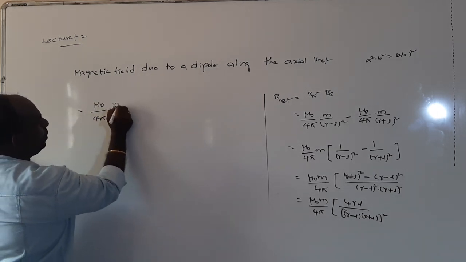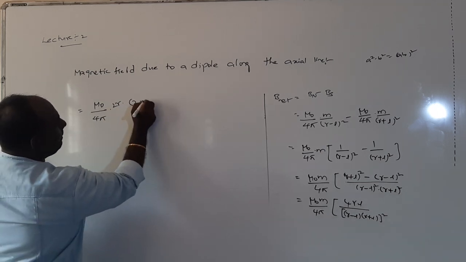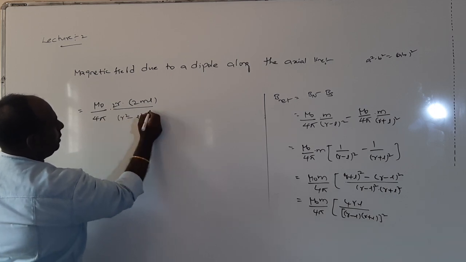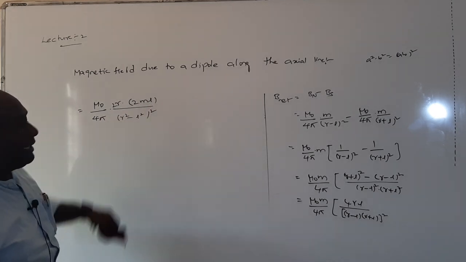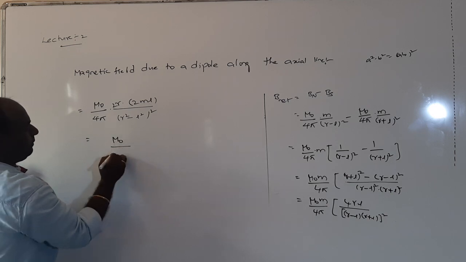I will write 2r into 2ml divided by (r square minus L square) whole square. Now, 2 into 2ml indicates the magnetic moment. So I can write mu naught by 4 pi.